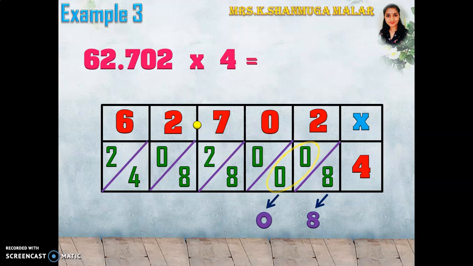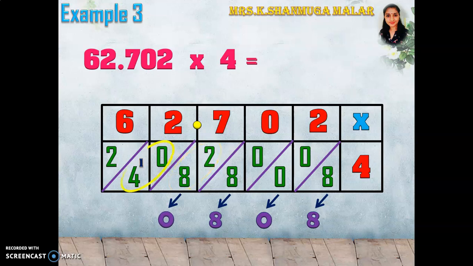After we find the answer, we move to the next column. 0 plus 8, we get 8. Next, 2 plus 8. Students, 2 plus 8 is 10. But we just write the 0 here and 1 we give to the next number.